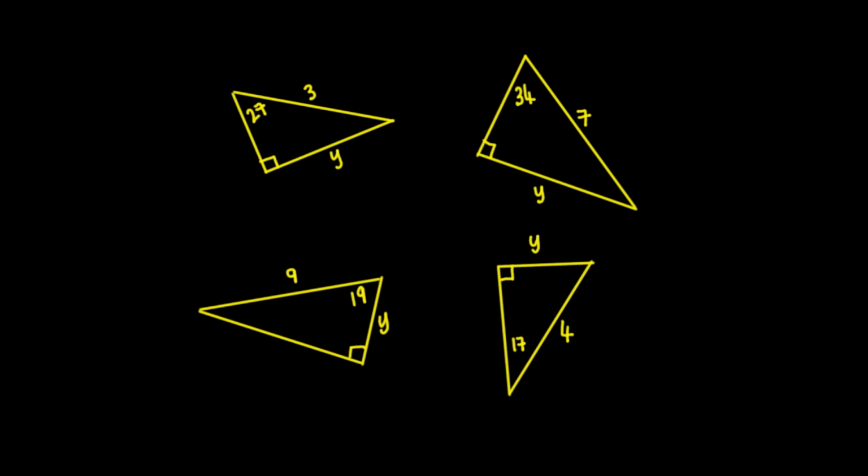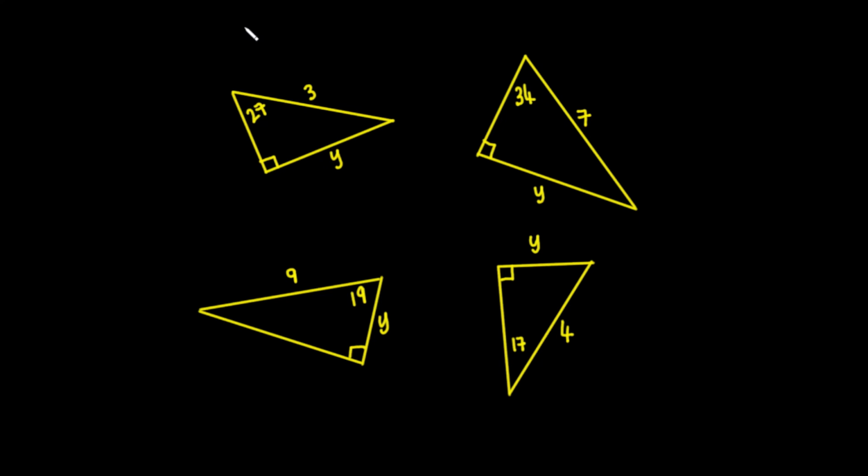Now let's work through these 4 examples by hand. We're going to have an angle of 27 degrees. We're looking for the value of y when this length is 3 and this is the right angle. So we can see from the 27 degrees the value of y is opposite this angle. So this is the opposite, and the longest length here is the hypotenuse, which is the value of 3.